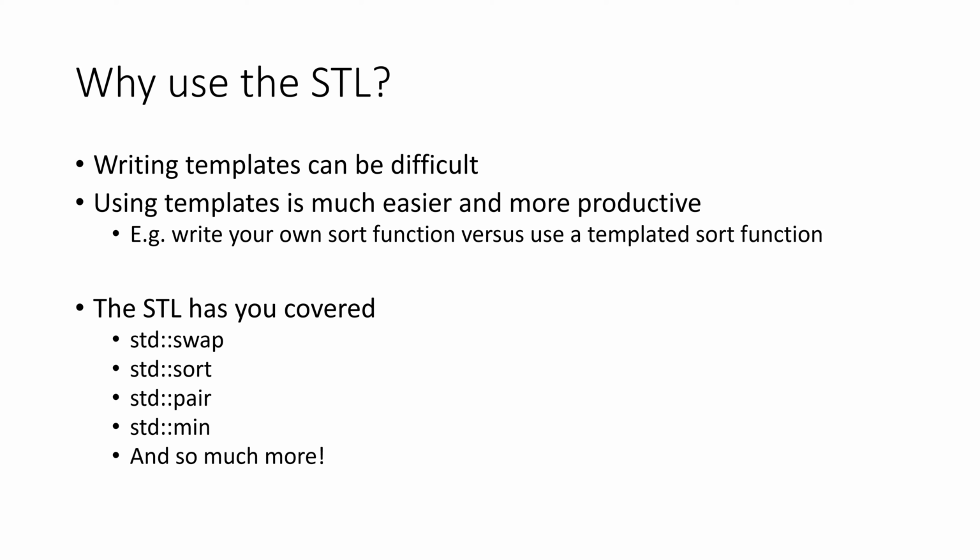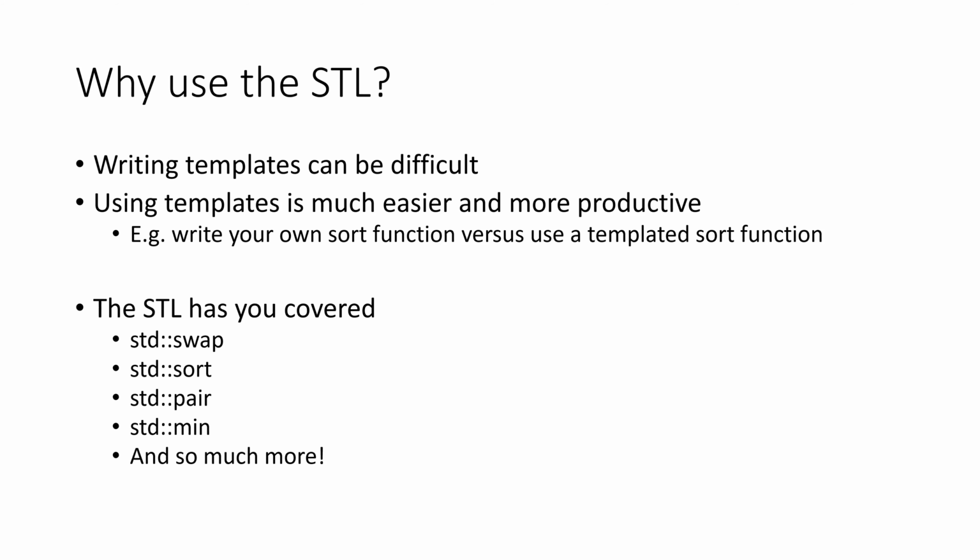So it's best to use the pre-existing routines in the standard template library rather than write your own whenever you can. An example is a sort function, right? The standard template library has a lot of really fast sort functions. They work for anything, any object that has a comparison operator defined. Why write your own?